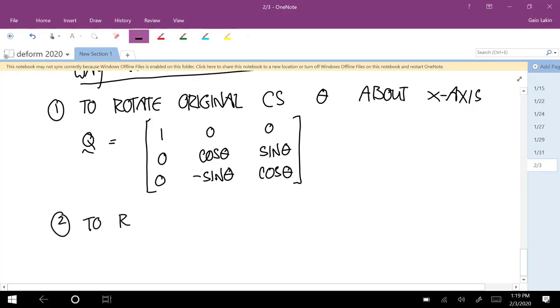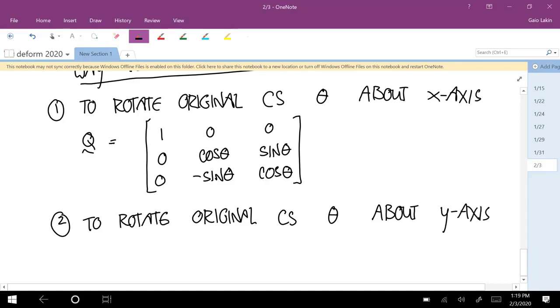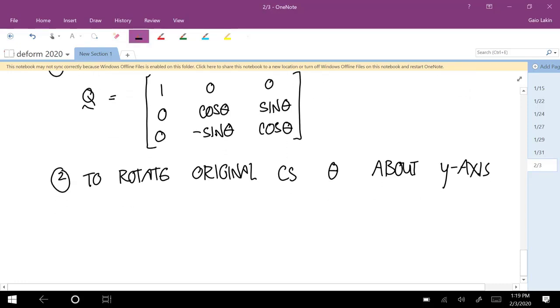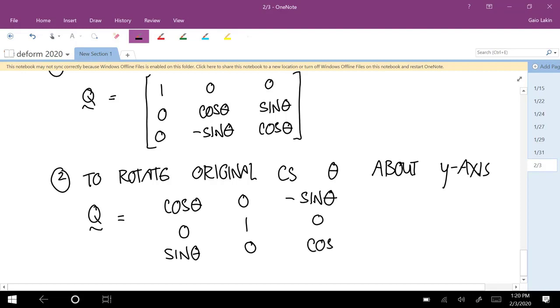Second, to rotate the original coordinate system theta about the y-axis, Q is equal to cosine theta, 0, negative sine theta, 0, 1, 0, sine theta, 0, cosine theta.